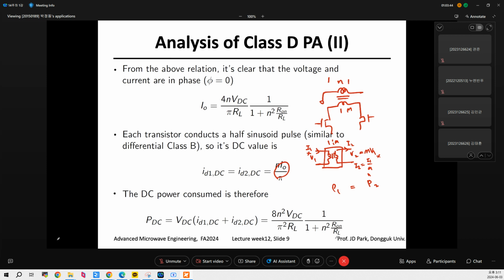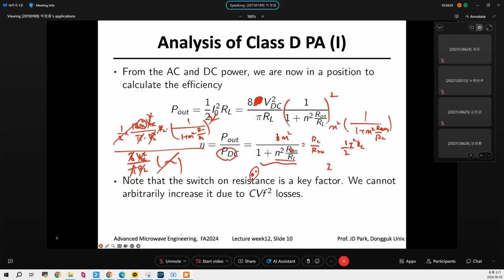Make sense? Since this is a 1 to n transformer, current-wise, if this is 1, then it becomes n. That's correct. Okay, this is correct. So I got confused.